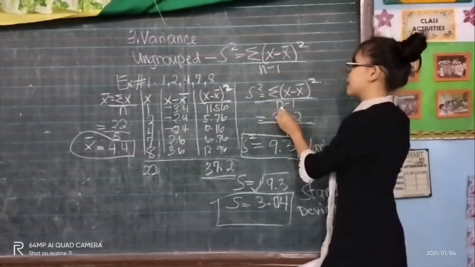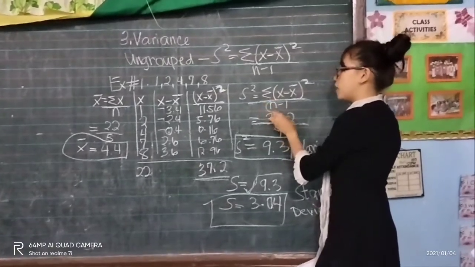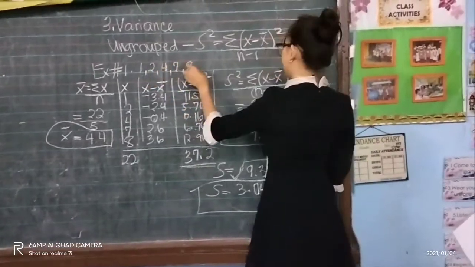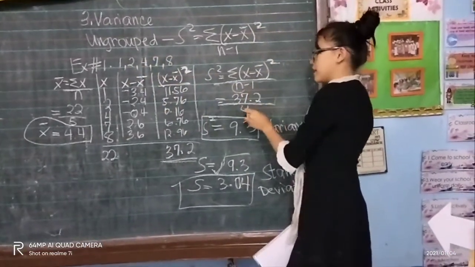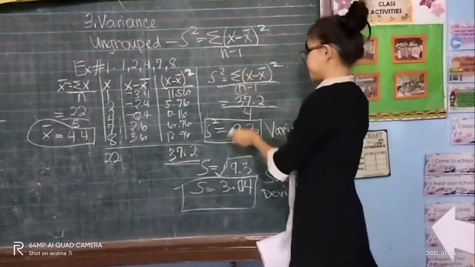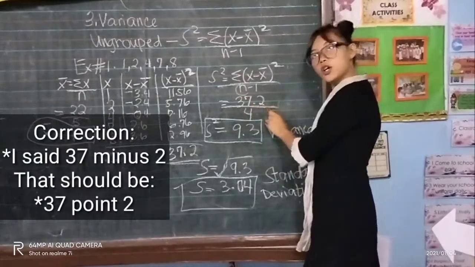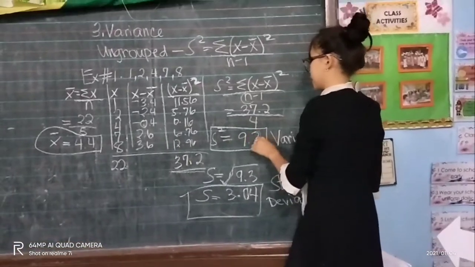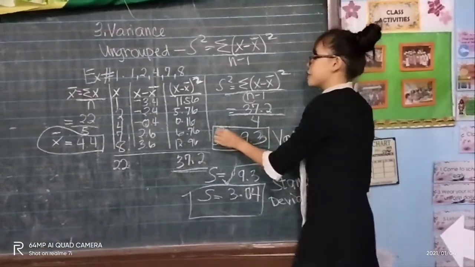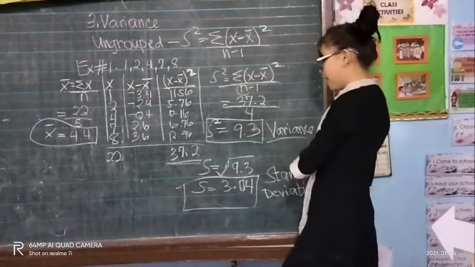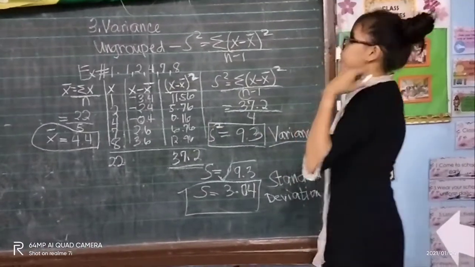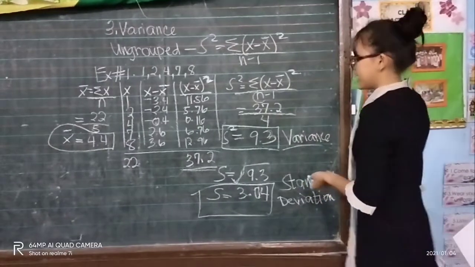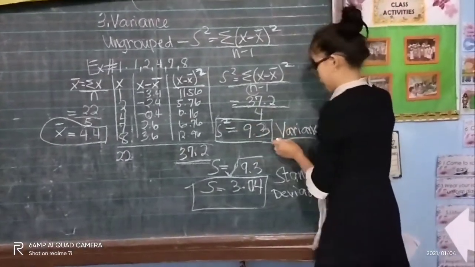It's because the total number of our data is 5, 1, 2, 3, 4, 5, minus 1, so 4. 37.2 divided by 4 is 9.3. So this is our variance. And the formula of our standard deviation is the square root of our variance.